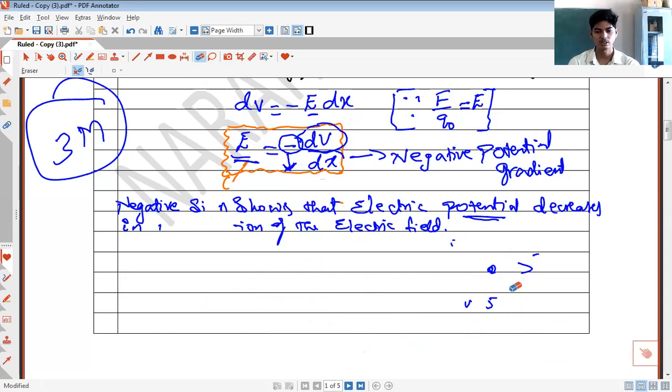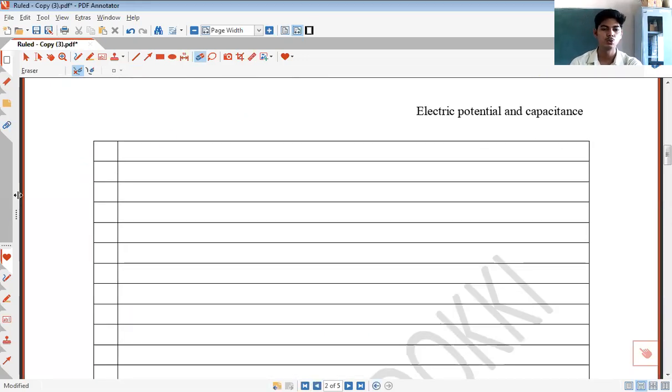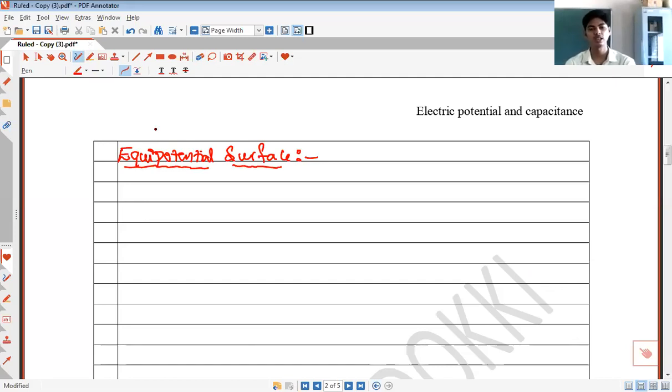After understanding the relationship between electric field and electric potential, we need to understand what is meant by an equipotential surface. See, this term equipotential can be split as equal and potential.